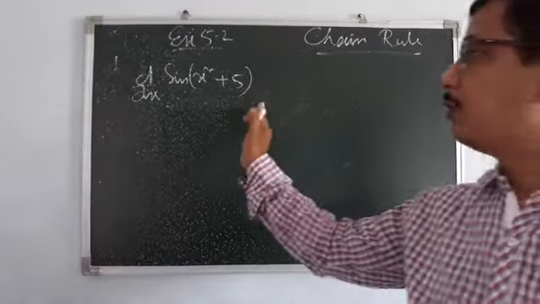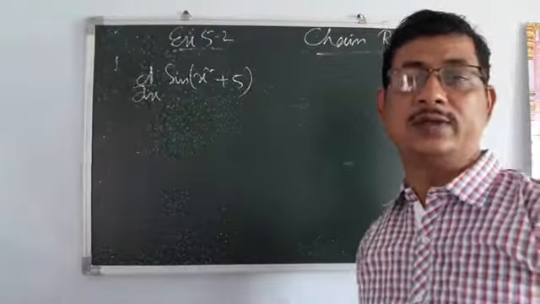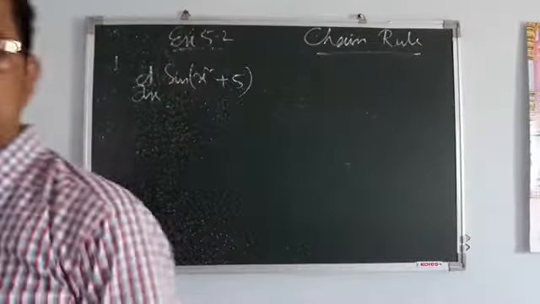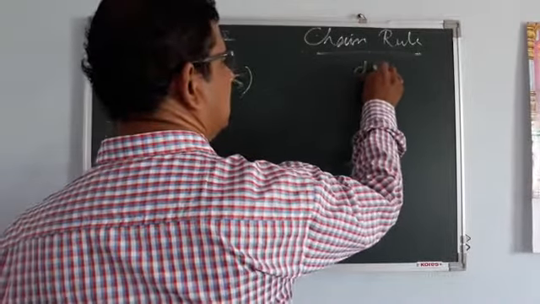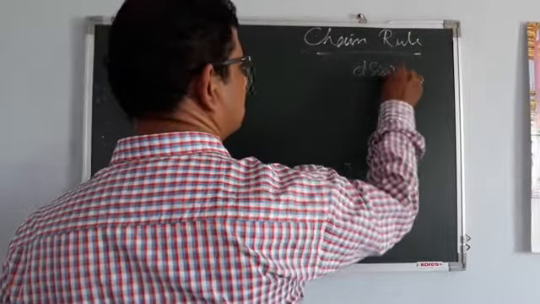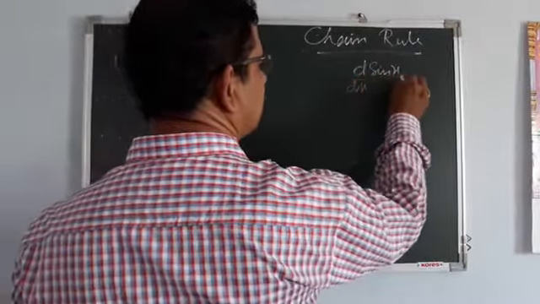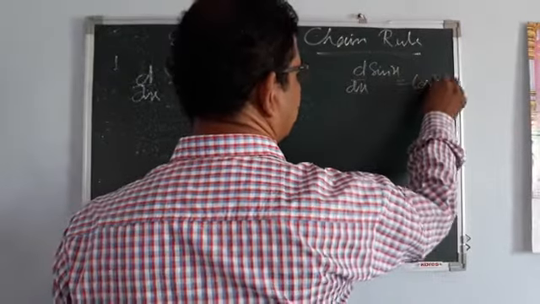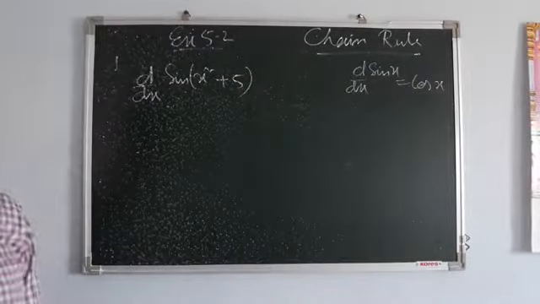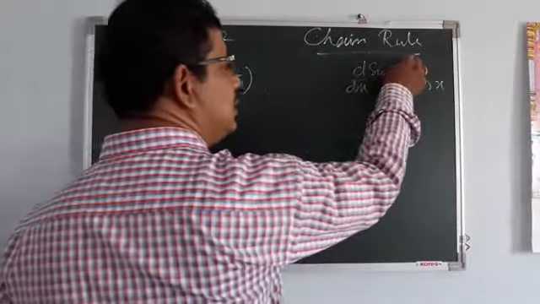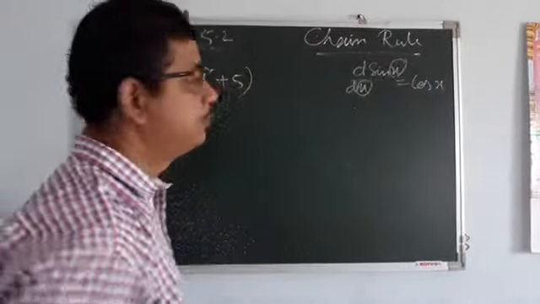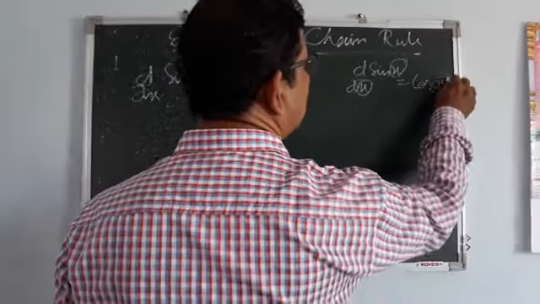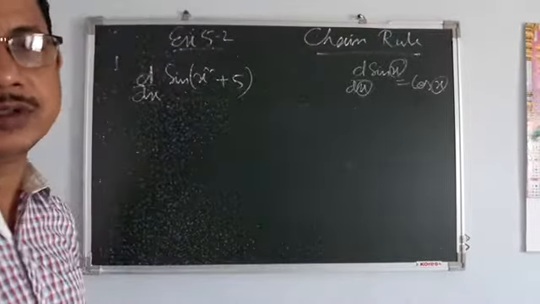If we go through the formula, d/dx of sin x is cos x. Here, one thing you have to remember: this x and that x are both the same. Then the result will come with that x. That you have to notice.